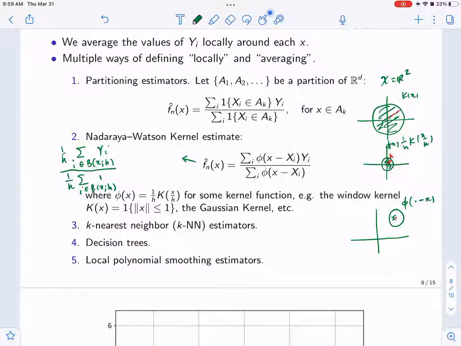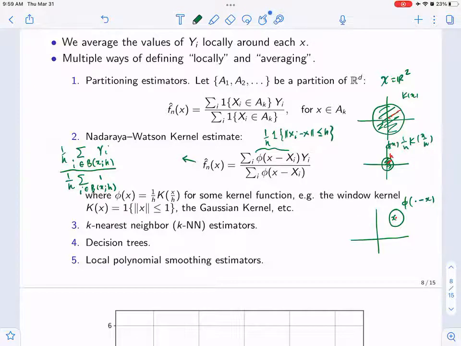So it's just, this is 1 over h indicator. Another way of writing it is like 1 over h indicator of norm of x_i minus x is less than or equal to h, right? So that's what I mean.